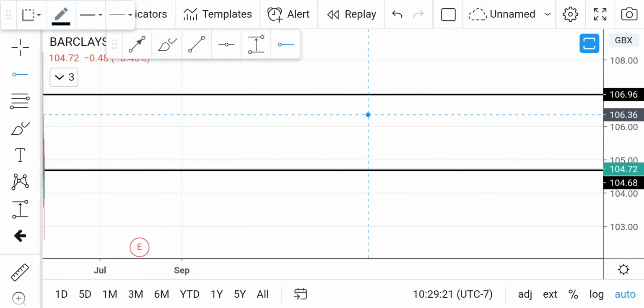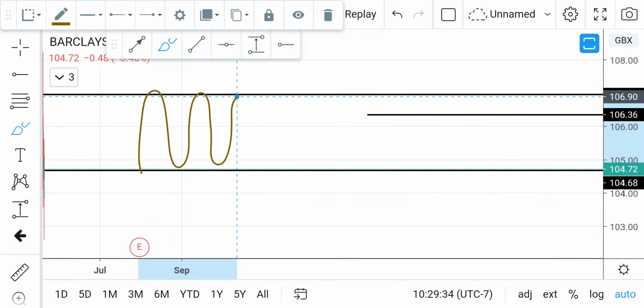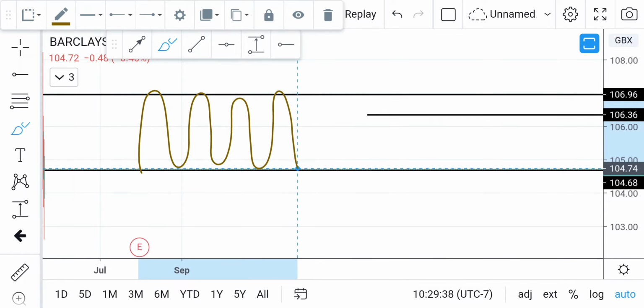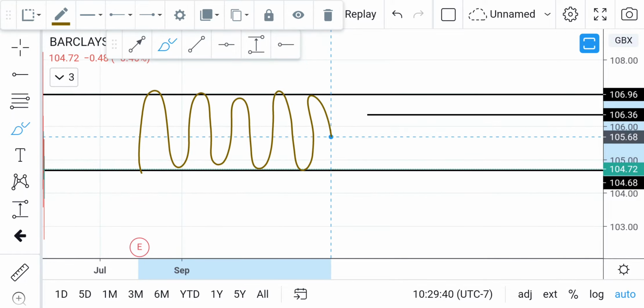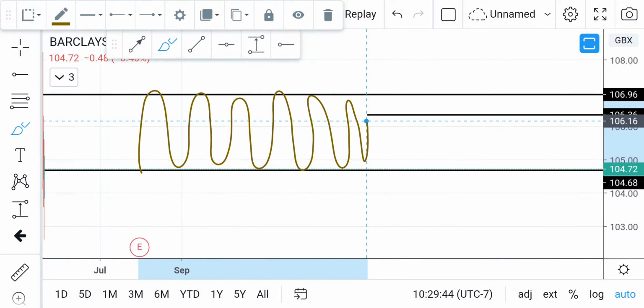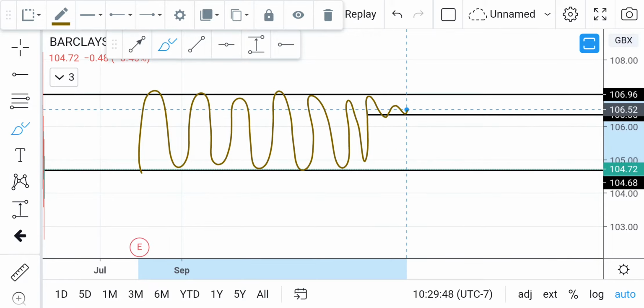Let me use this to reference the volatility contraction. Price is going to be moving between this support and resistance. You can see that over here the range of the price is very large, the volatility is very large. Then what happens next is that price will start contracting, consolidating over this point.